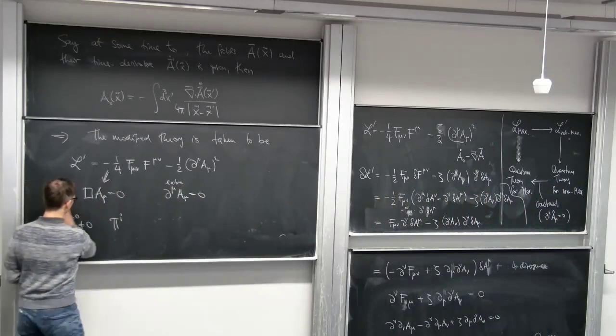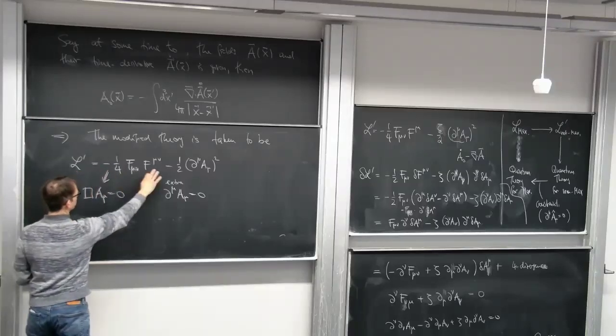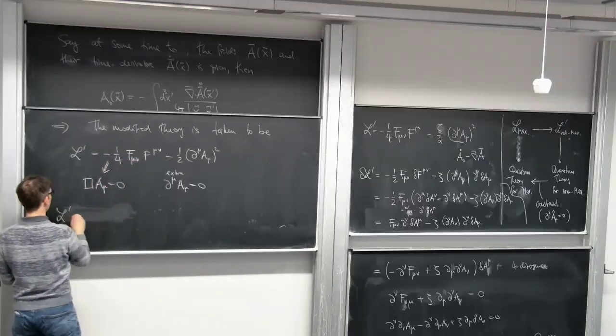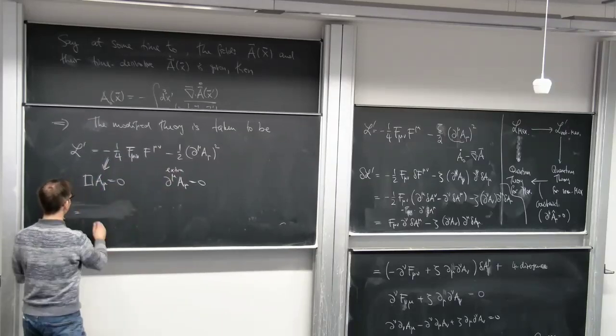So let's not compute the π's just yet, but let's look at how this action looks in terms of just these A's. So then we have, how many times have I done this now?